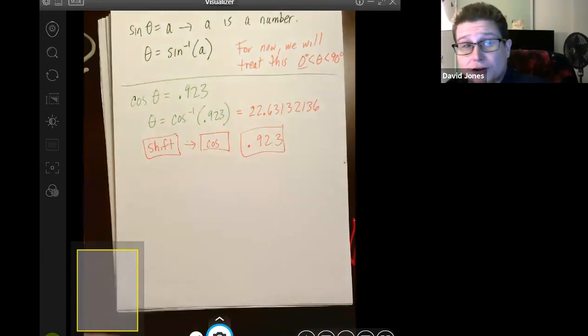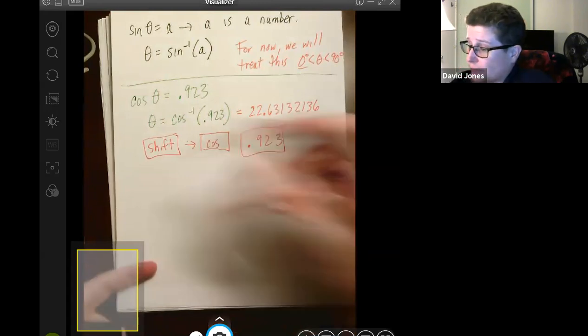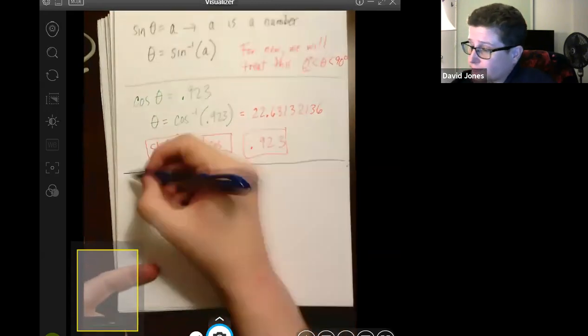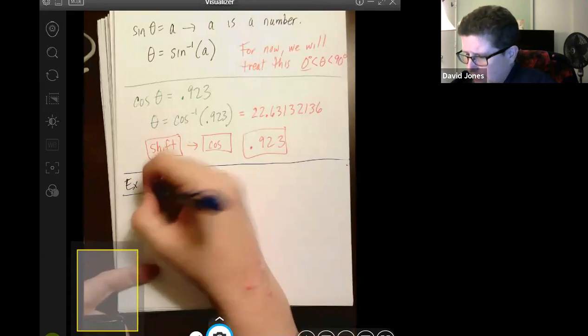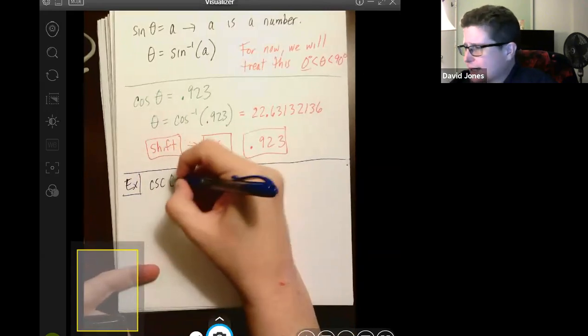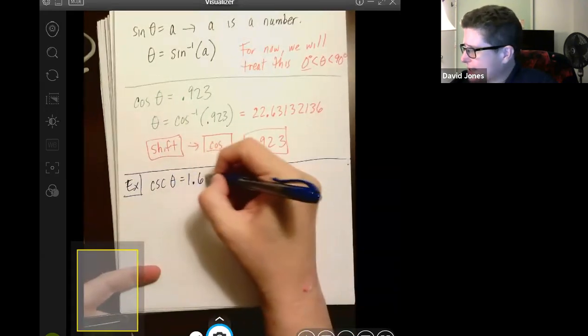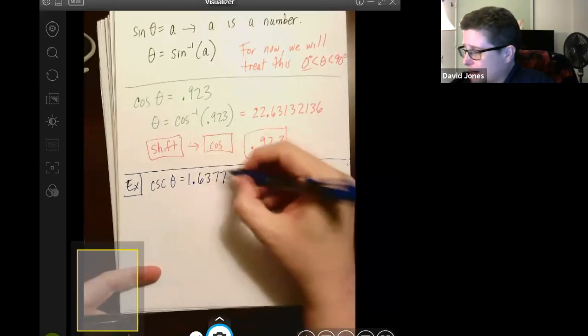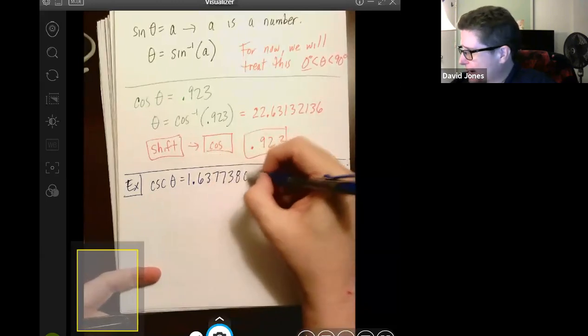The inverse ones are a pain, especially cosecant, secant, and cotangent. So let's look at one of those. Cosecant of theta equals 1.637733808.